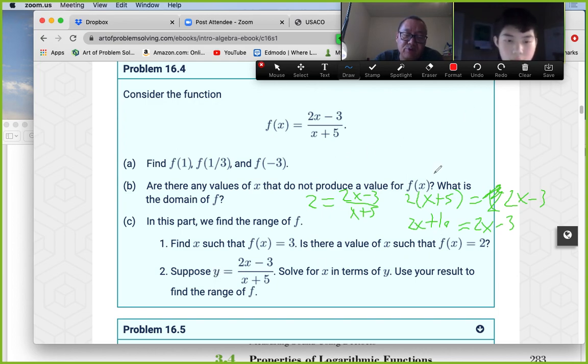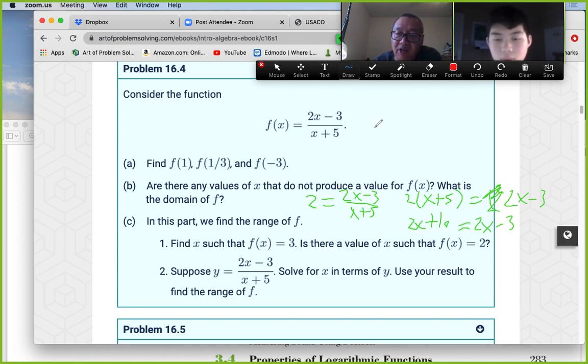So then number 2. Can you read 2? Suppose y equals 2x minus 3 over x plus 5. Solve for x in terms of y. Use the result to find the range of f. Okay. In terms of y, so like, would I put x as y? They ask you, say, you use y as input, then find what is the output for x.